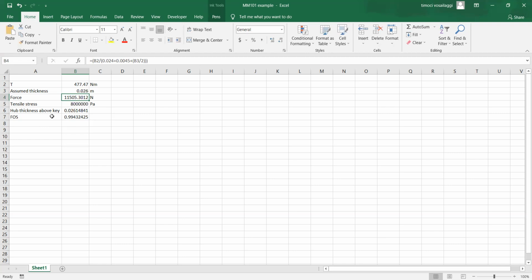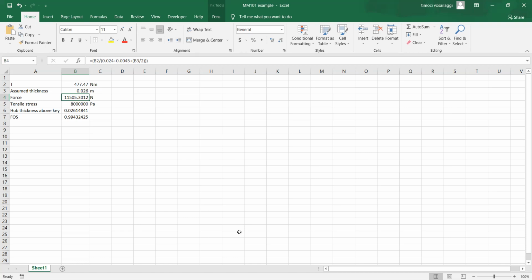So this tells us that when the hub thickness above the key is 26 millimeters, the factor of safety will be 1. So our design should have a thickness greater than 26 millimeters.